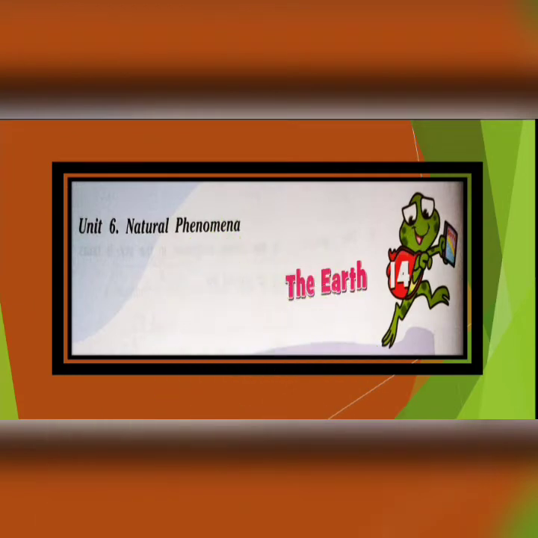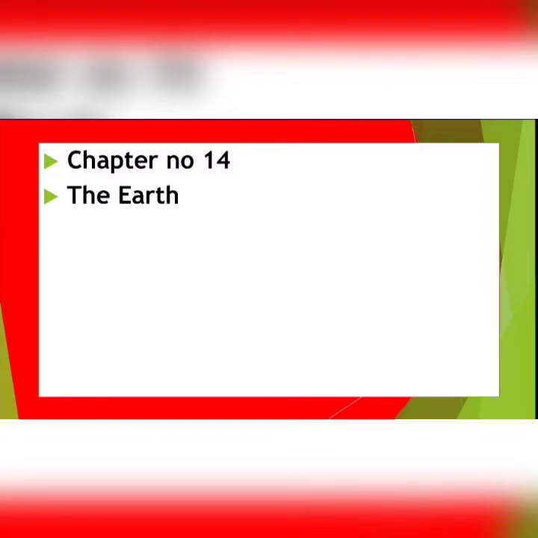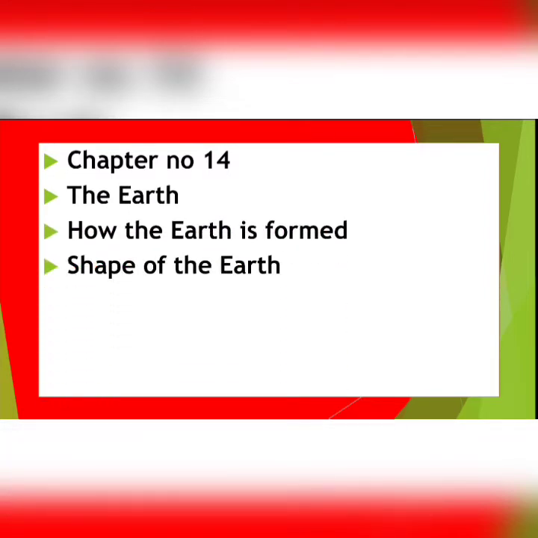In our previous online class, we discussed some of the topics of chapter number 14, The Earth, from Unit 6, Natural Phenomena. Now let us recall the topics that were discussed in the last online class. We discussed the Earth, how the Earth is formed, and also the shape of the Earth.